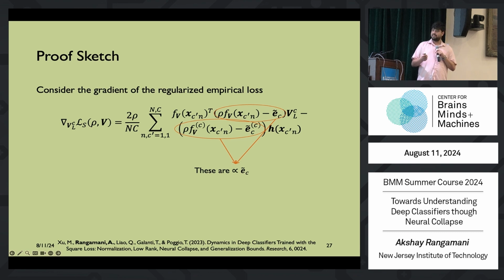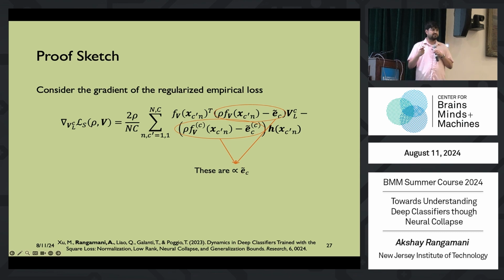Essentially, how we can show this is if you look at the gradients and you realize that these are correlated with the labels, then by working through some algebra, you can show the four conditions.